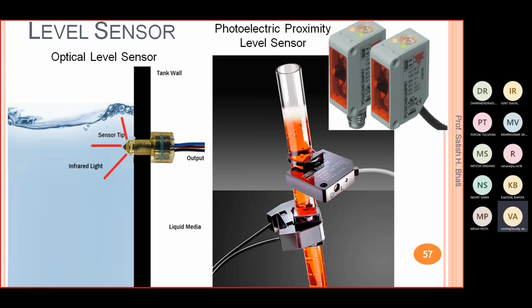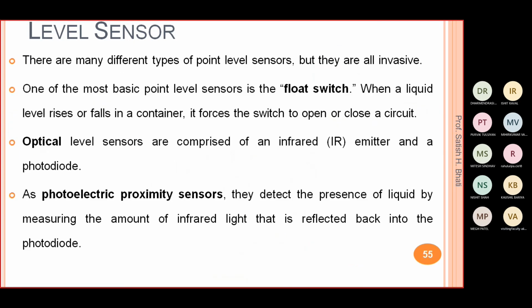That photodiode will work as a switch, based on whether the liquid reaches that point or not. It's a kind of point sensor. This optical level sensor is a point level sensor, right? It will just tell you whether the water or the fluid is above the switch or below the switch, okay?